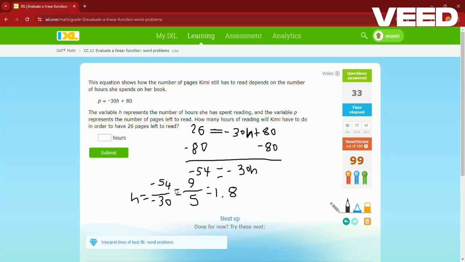And then we can use simplification of fractions. Then we divide it by negative 6. It says in decimal or fraction, either way. But let's stay safe and do decimals. If you want to maximize the opportunity for getting this right, you gotta do it like this. So I'm going to say that is 1.8.